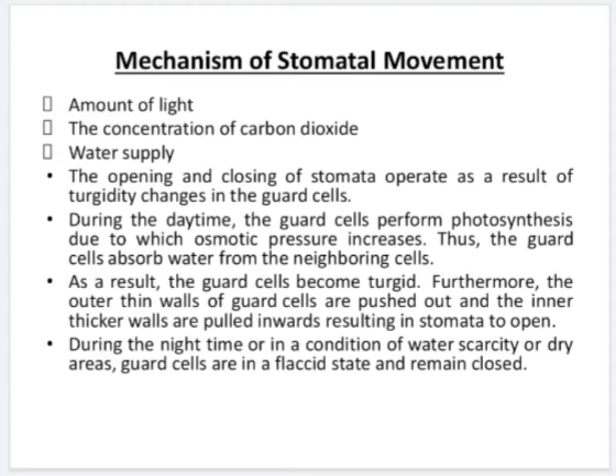During the daytime, the guard cells perform photosynthesis due to which osmotic pressure increases. Thus, the guard cells absorb water from the neighboring cells. As a result, the guard cells become turgid. Furthermore, the outer thin walls of guard cells are pushed out and the inner thicker walls are pulled inwards, resulting in stomatal opening.